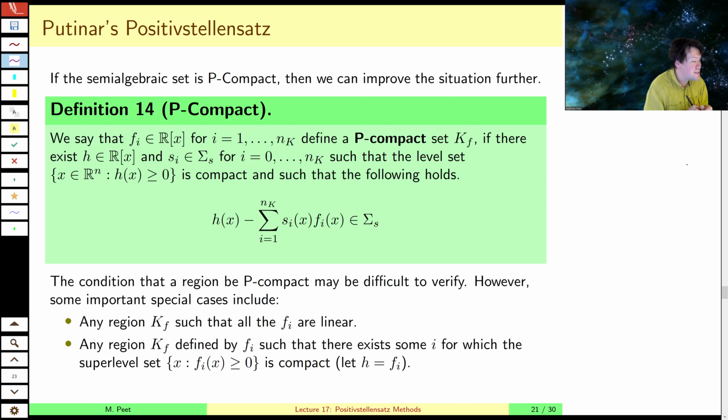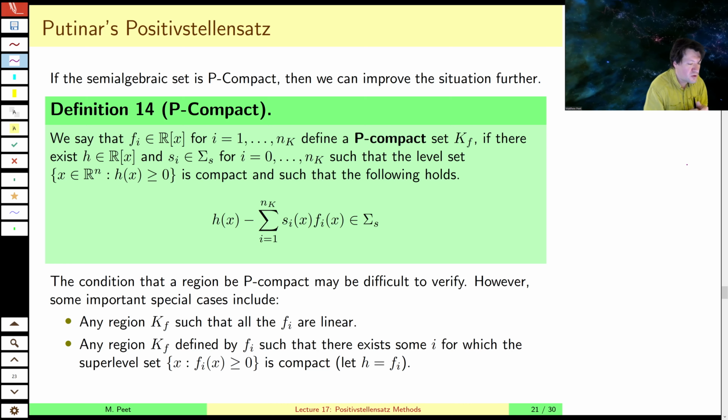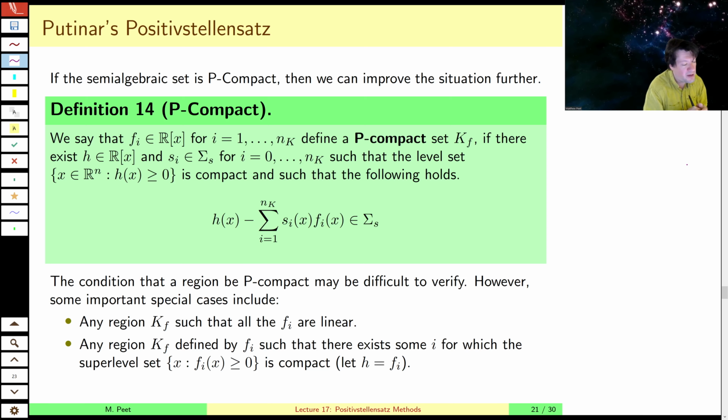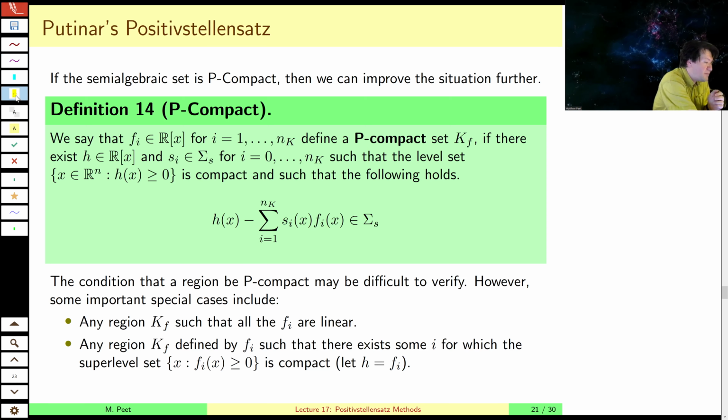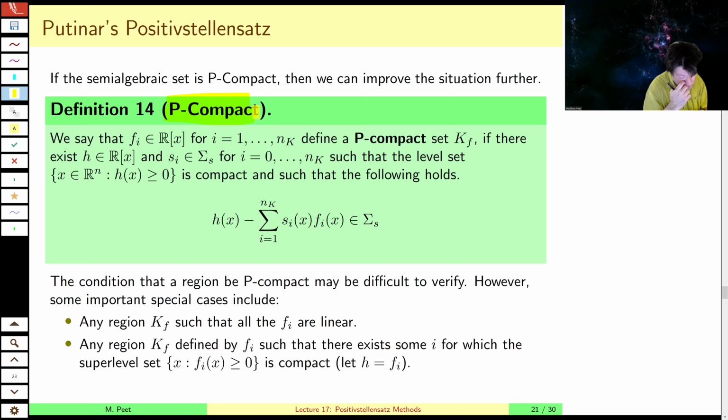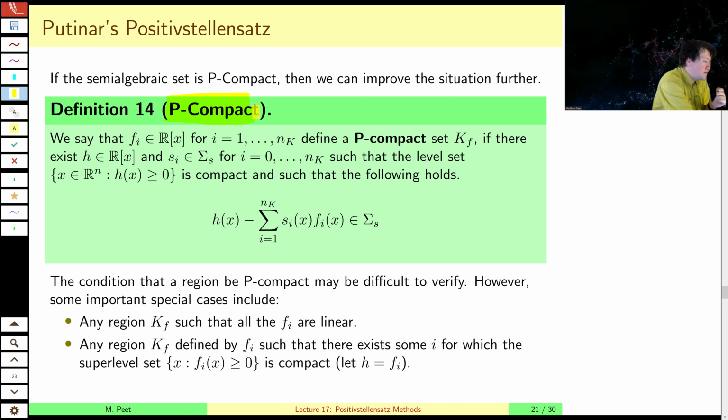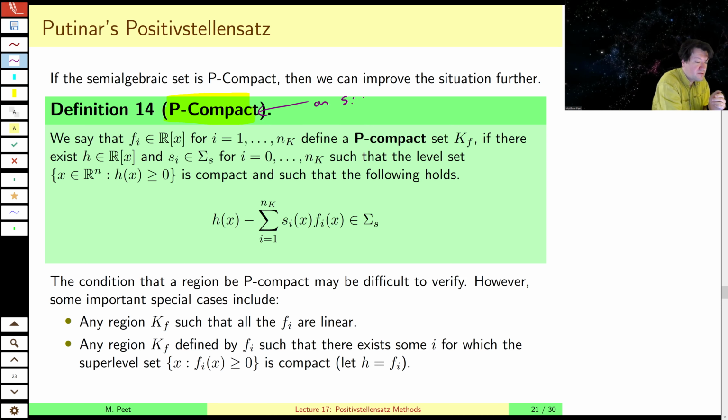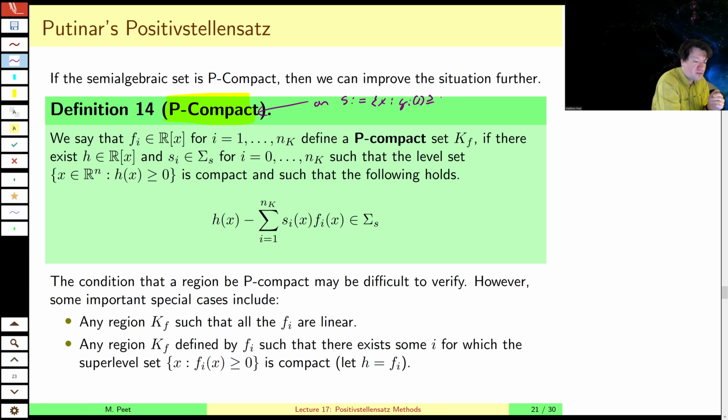Putinar's Positivstellensatz, however, requires things about the representation which go beyond compactness. So I call it P-compact, P standing, I guess, for Putinar, since it doesn't apply to arbitrary Positivstellensatzes. And the constraint on the set, so there's a set constraint on S, x such that fi of x is greater than or equal to 0.